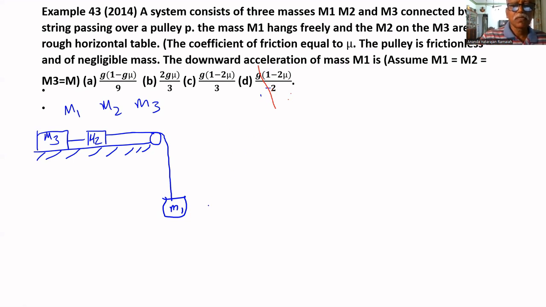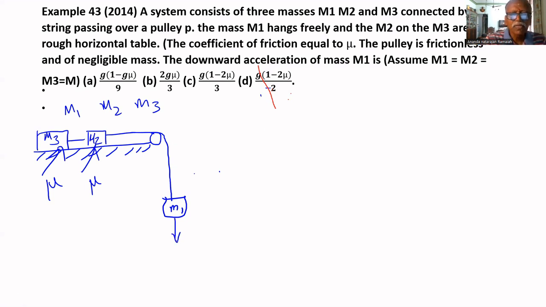The coefficient of friction equals mu. Here it is mu. Here also it is mu. So the downward acceleration of mass M1 equals what? That is asked.